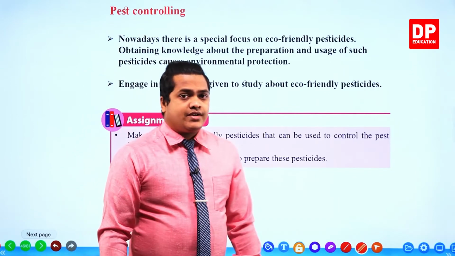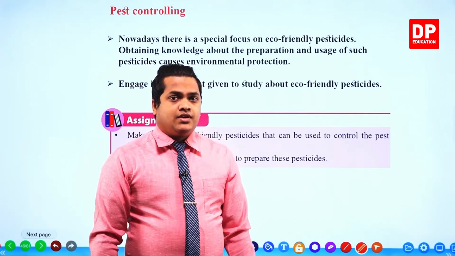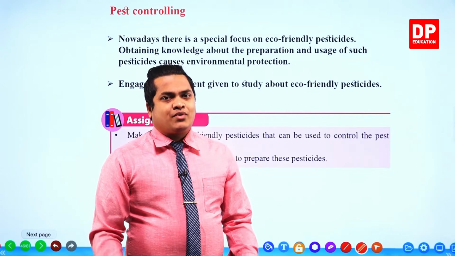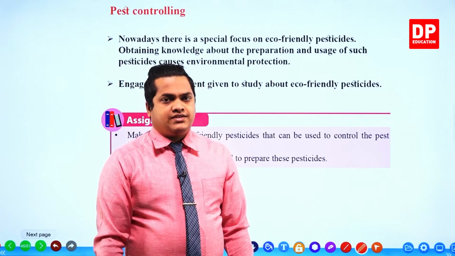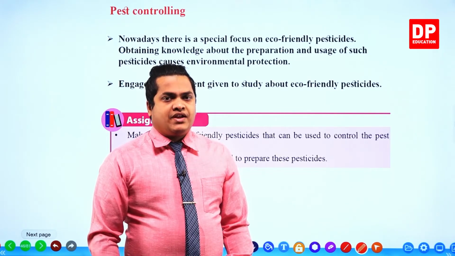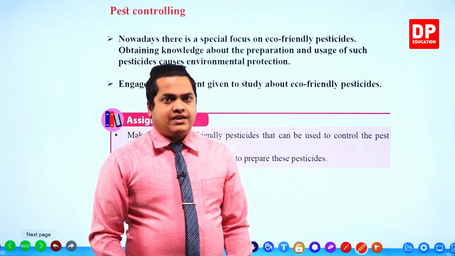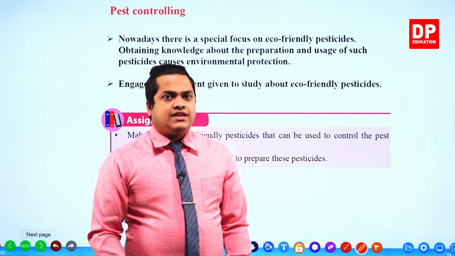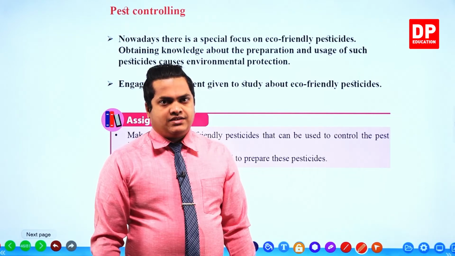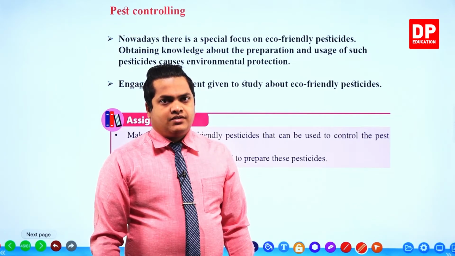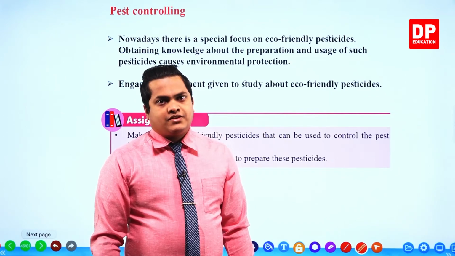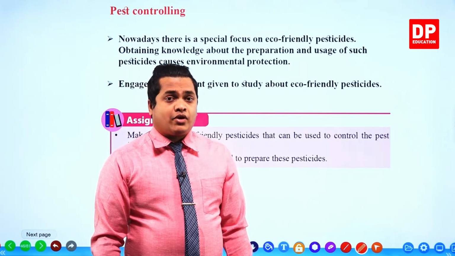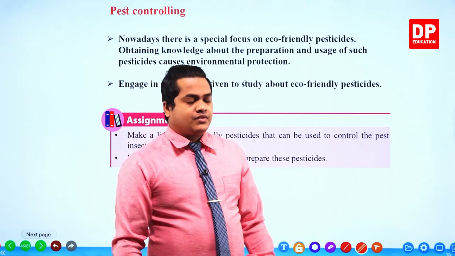As I told you earlier, the environment is protected because these bio or eco-friendly pesticides are made up of biological or organic materials. So environmental equilibrium and protection is kept.